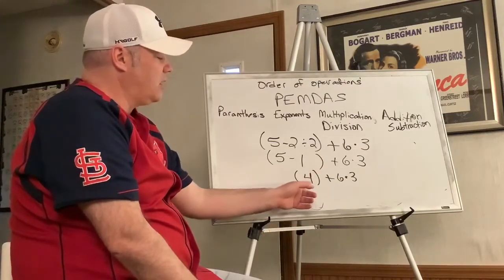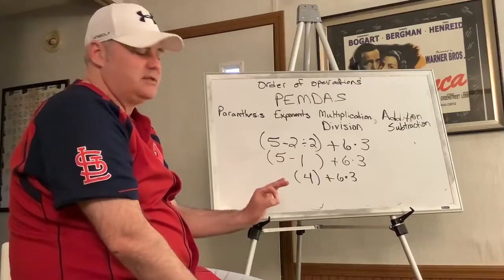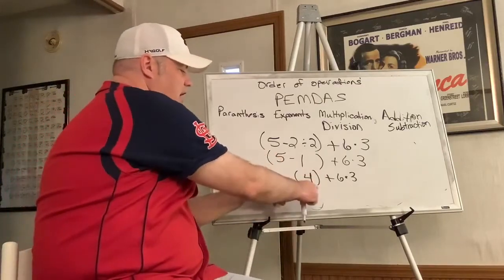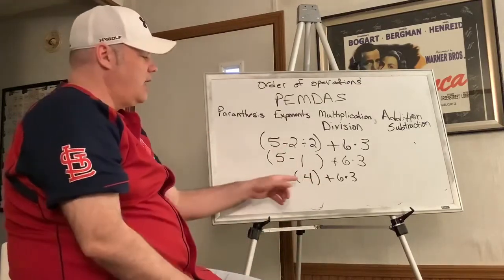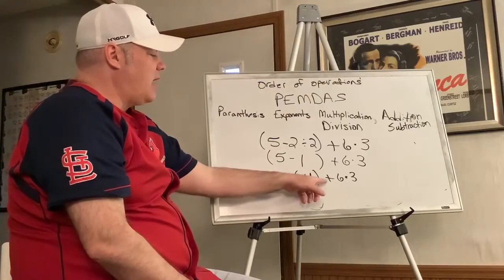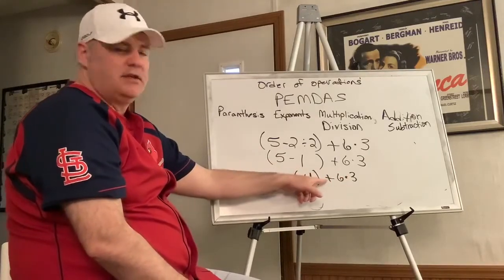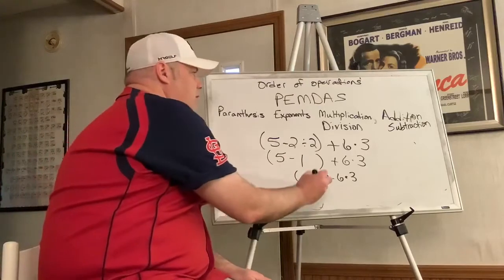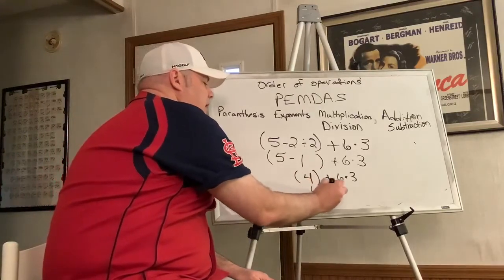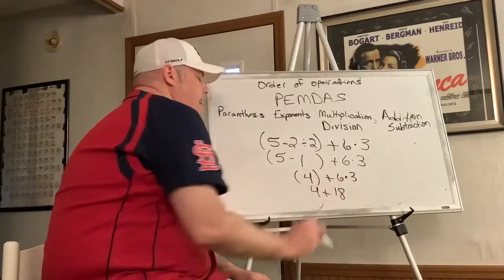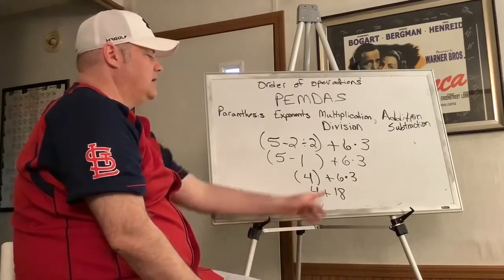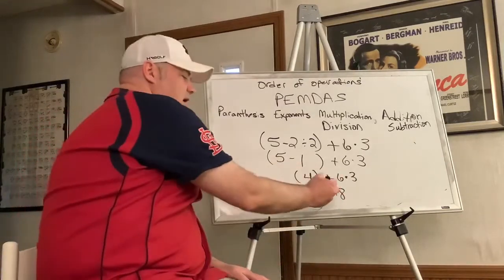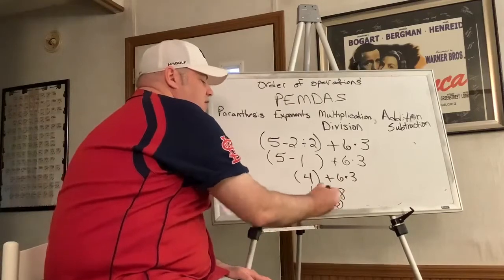There's no more work to be done inside of the parentheses, so you can either take those off, or you can just remember, hey, this is done. I'm going to do multiplication before I do addition. So we go 4 plus 18. I did 6 times 3. And then all I'm left with is addition, and I get 22.